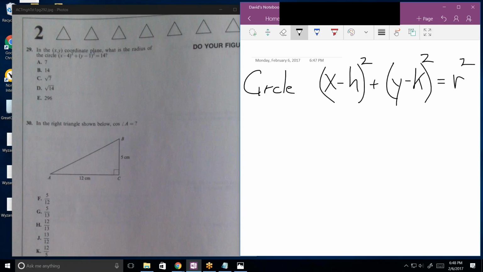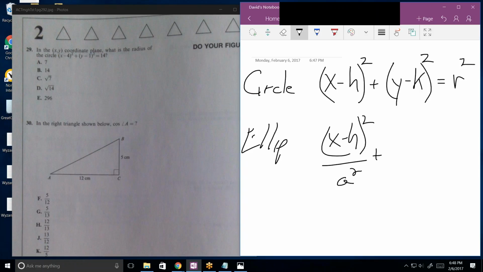R squared, sorry. Circle. For an ellipse, it's x minus h squared over a squared plus y minus k squared over b squared equals 1. So you need to memorize those 2 formulas.